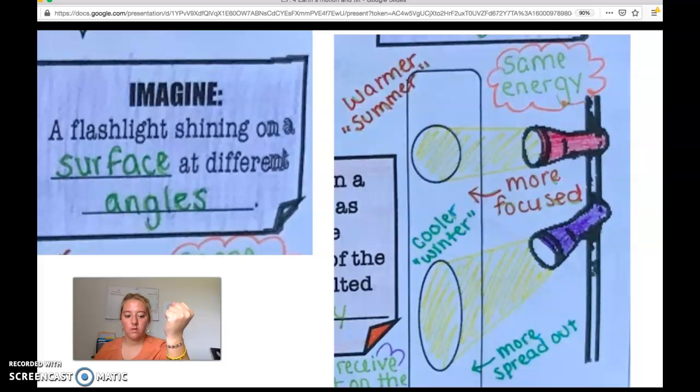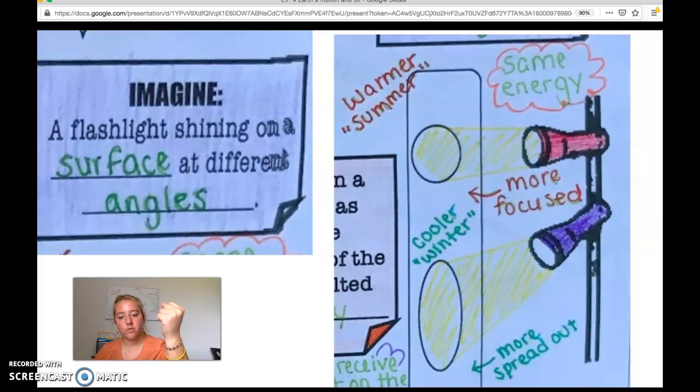If, though, I tilt my flashlight just a little bit, we have a more spread out area of light, giving us cooler and warmer temperatures. Warmer summers, right? If the light is more focused, and where it's more spread out, we experience cooler winters.